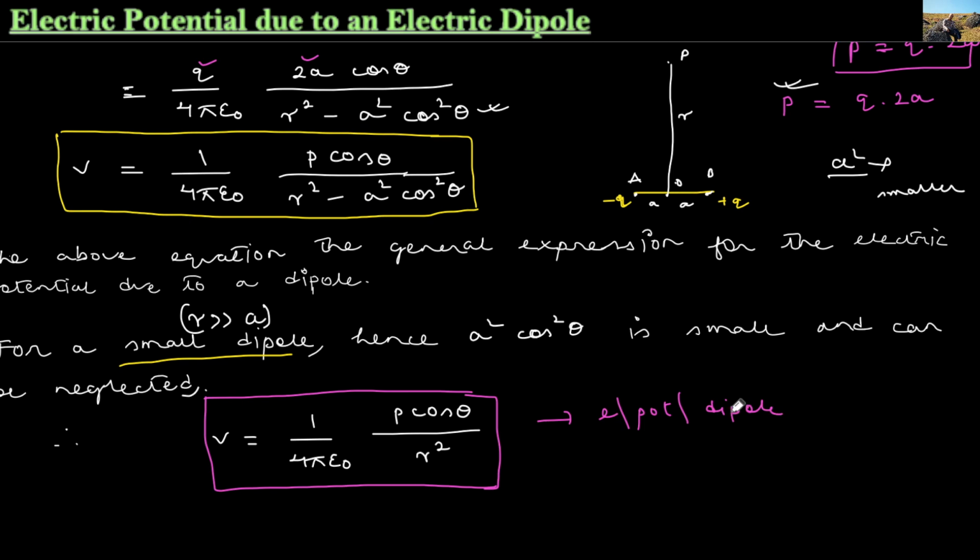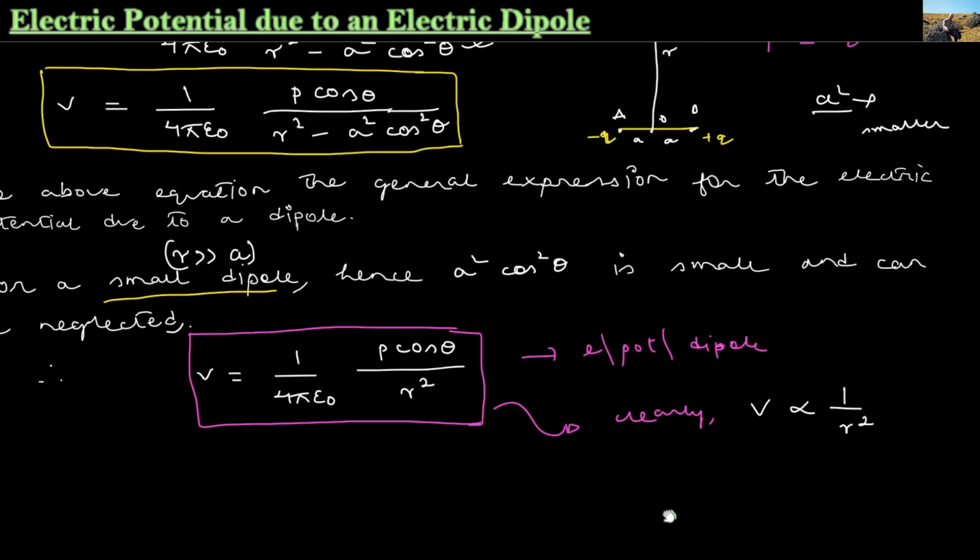And when you look at this expression, it is very, very clear that the potential varies inversely as the square of the distance.